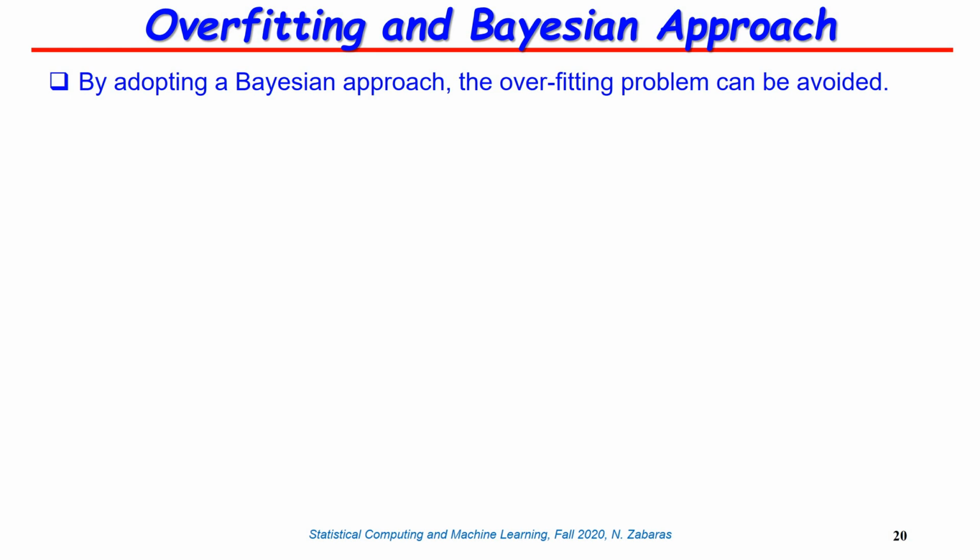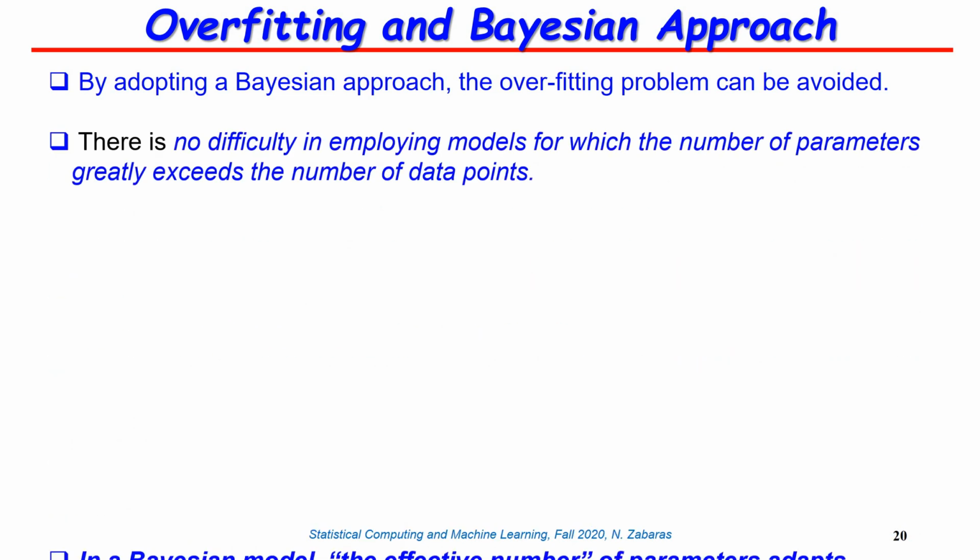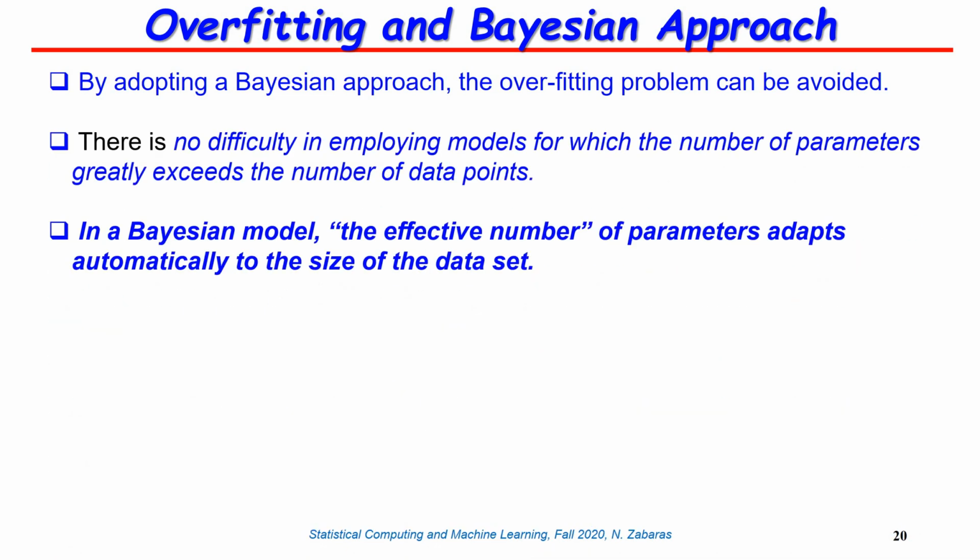Now, let me say something about Bayesian models; you're going to have to wait one or two lectures to learn more about Bayesian regression models. I remind you that in Bayesian regression, the predictive distribution is an integral of the likelihood times the posterior with all the parameters integrated out. So in a Bayesian setting, you can afford literally way more parameters than the number of training data. Okay, and the reason is that because you integrate these parameters out, there is no overfitting.